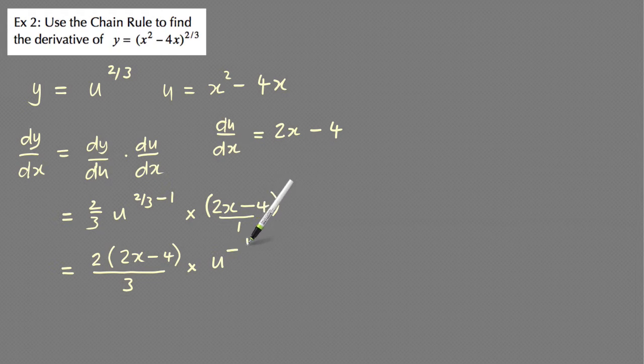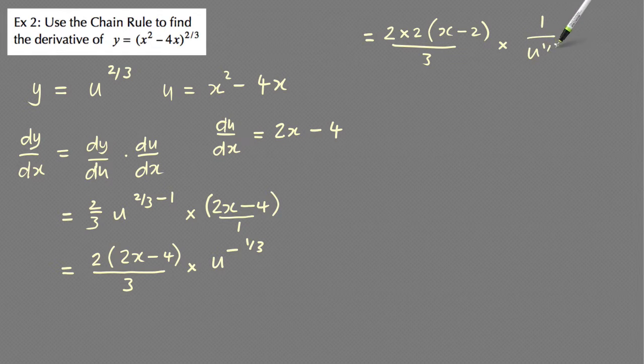In the next step, I'm also going to take out a common factor of 2 from here. So I've got 2 times 2 bracket, and that becomes x minus 2, over 3, and times by, since it's a negative power, 1 over u to the 1/3.